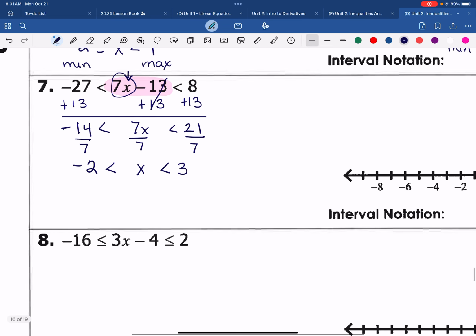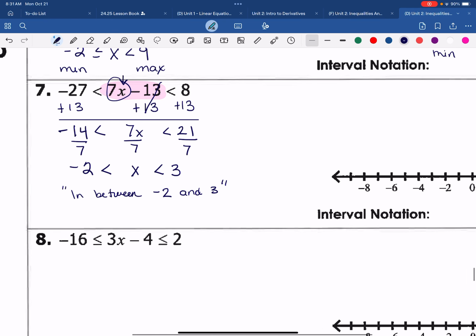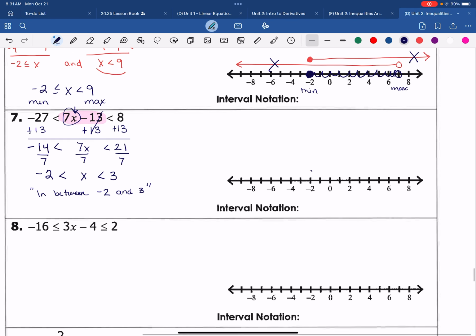So this is saying I want everything in between negative 2 and 3. I'm going to go to negative 2, put an open circle. I'm going to go to 3 and put an open circle, and I want everything between them. You could do a straight line there too when it's above.